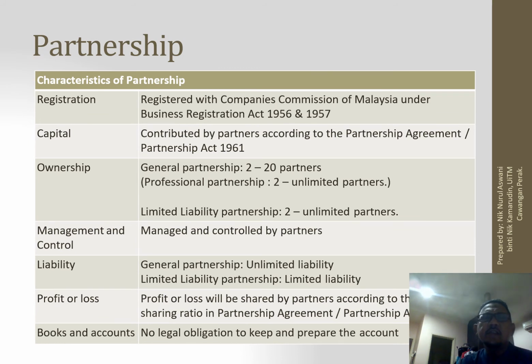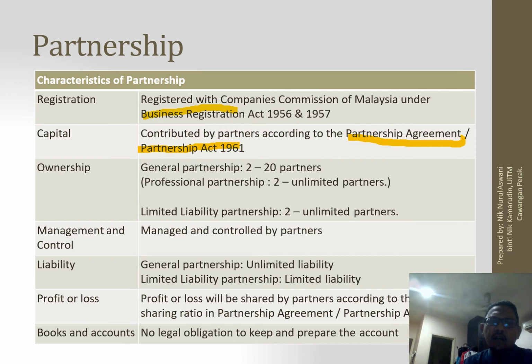it is registered with the Companies Commission of Malaysia under the Business Registration Act 1957, with capital contributed by partners according to the partnership agreement under the Partnership Act 1961, because there is more than one owner. For general partnership, 2 to 20 partners. For professional partnership, 2 to unlimited partners.